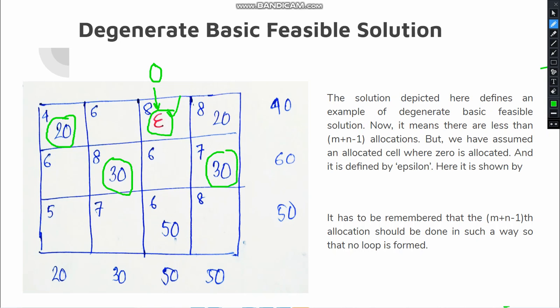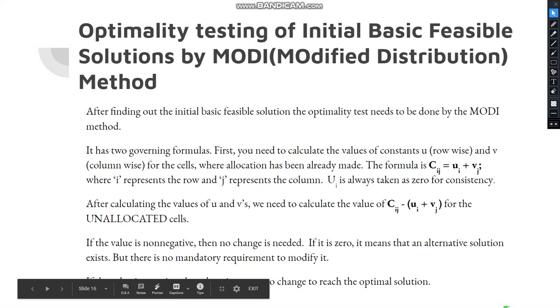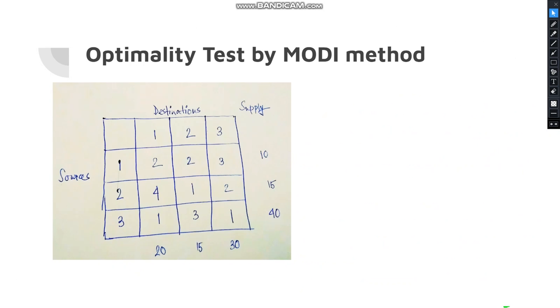So you are not transporting something here, but from the mathematical perspective, you are just allocating some number to it, and this number is nothing but 0. Okay, so that the rule of m plus n minus 1 is followed. Okay, now we'll be trying to solve this problem by Modi method.